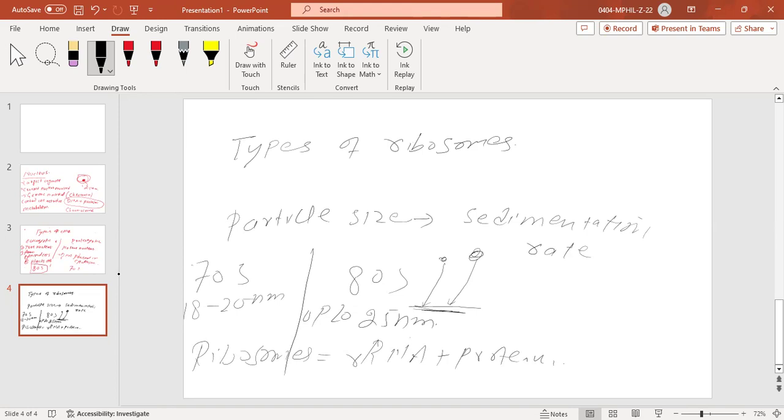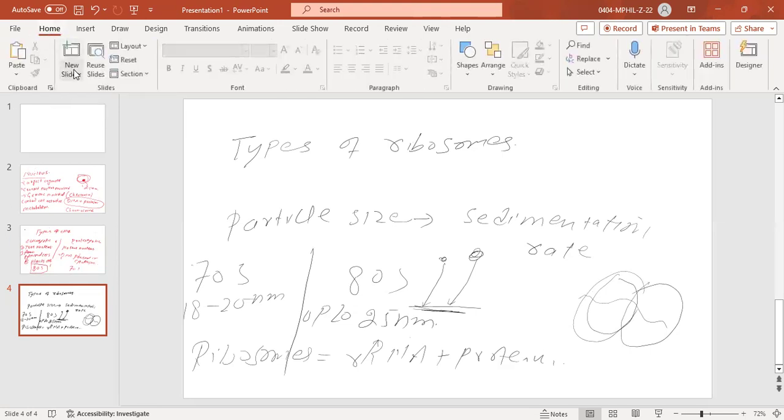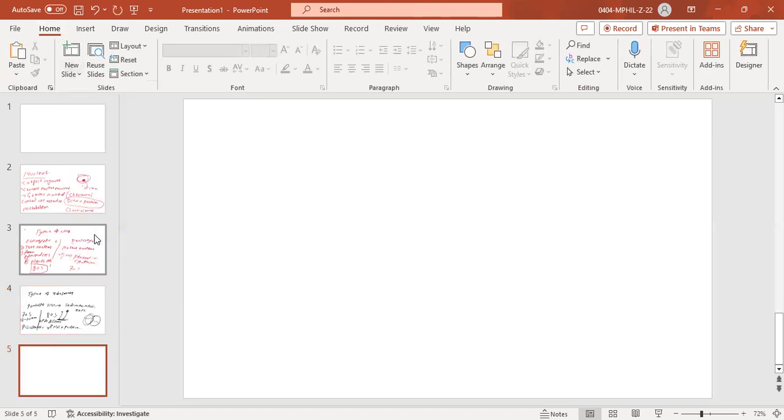We will study how they are present there. There will be a layer of RNA on which these two subunits are combined with each other. One unit is larger and the other one is smaller. What is the function of ribosomes? Its main function is to synthesize proteins.